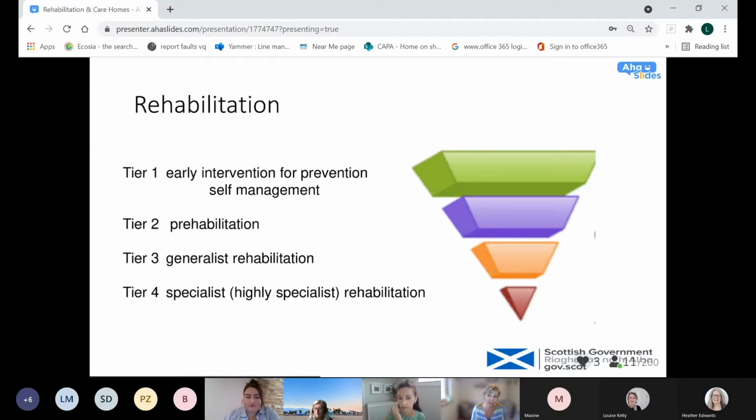So, I mean, in some ways we can think about this tier as almost like an approach. It's how we do things, and it's about enabling people to do things for themselves. So supporting people to do for themselves rather than necessarily us doing for them.